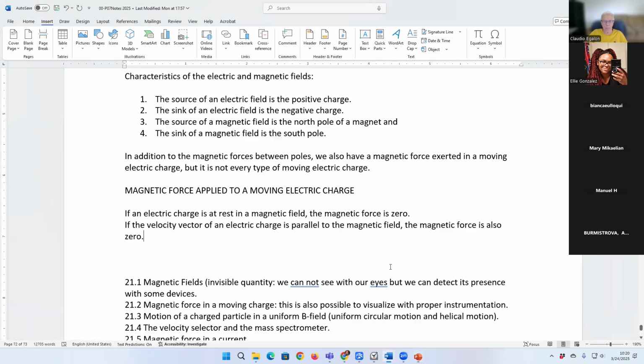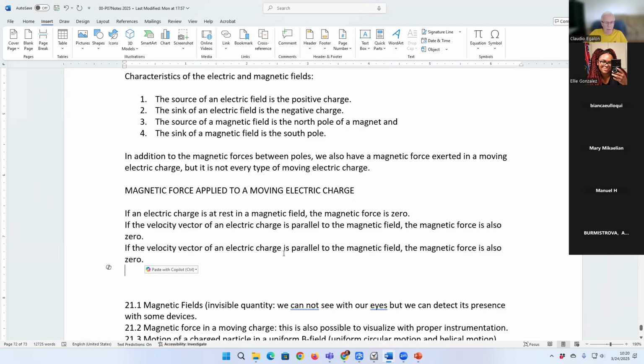If the velocity vector of an electric charge is perpendicular to the magnetic field, the magnetic force is given by QVB.